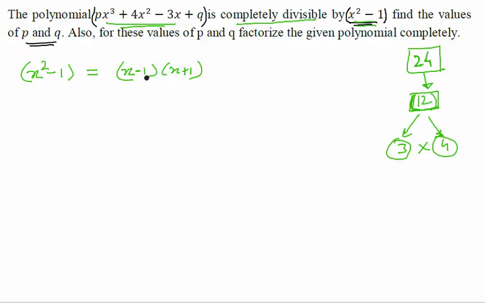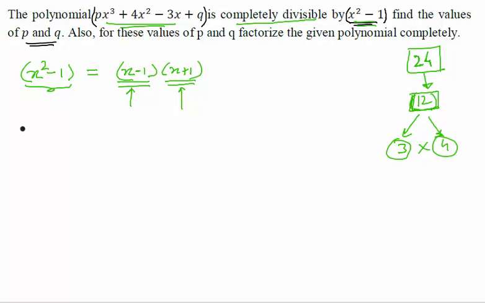So if this polynomial is divisible by this quantity, it is individually divisible by x minus 1 as well as by x plus 1, which means we are given two different factors, x plus 1 as well as x minus 1.